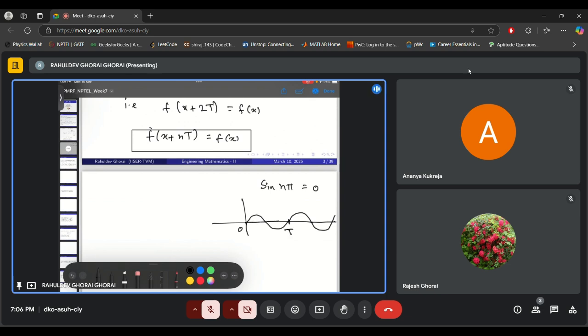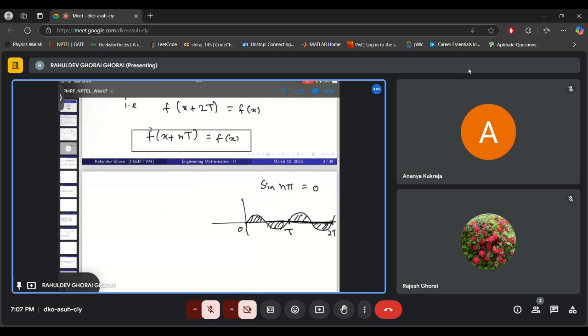In this interval, whatever the area of this region under the curve, if you take the region from T to 2T, it will also have the same surface area. So what it is telling: let's say f is a T periodic function, meaning f(x + T) is f(x).